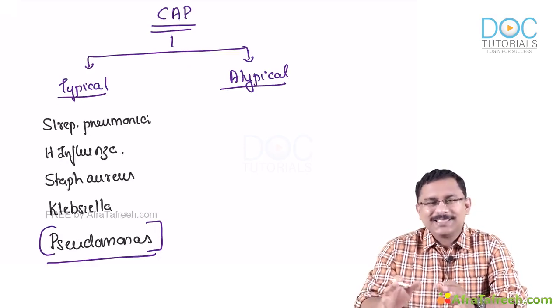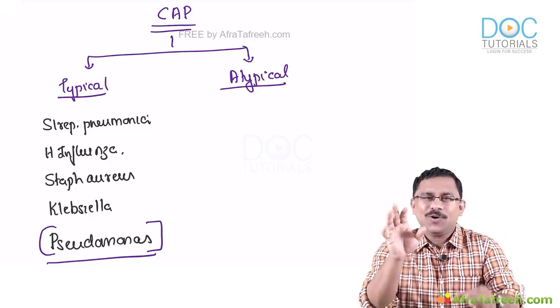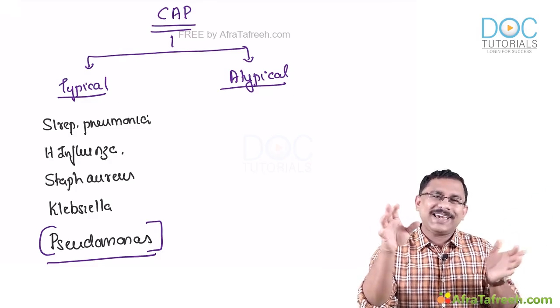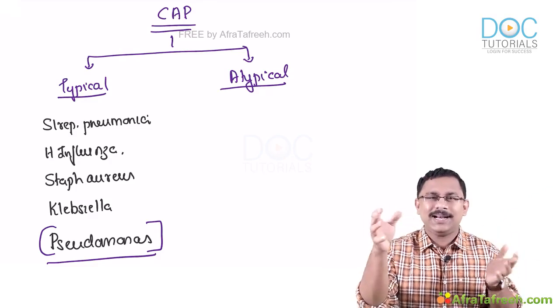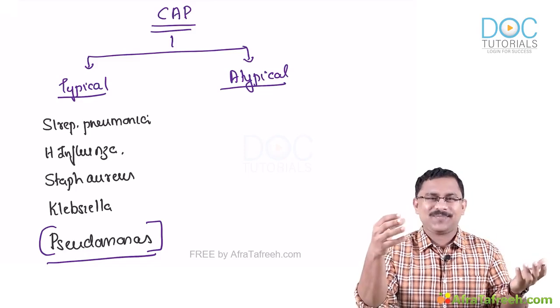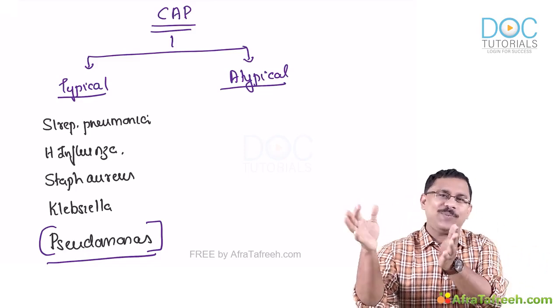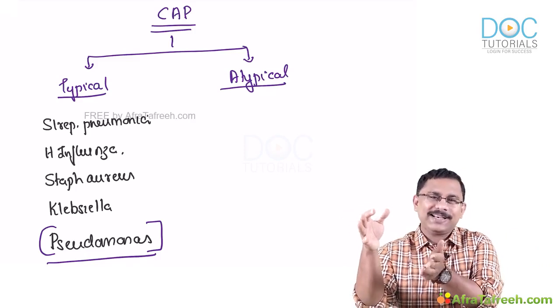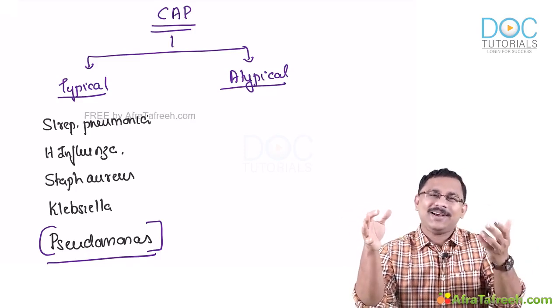Now coming to atypical pneumonia, as the term indicates, it should have some atypical features. When you want to divide it into typical versus atypical, the organisms which cannot be routinely cultured in a culture media, or which cannot be seen in a Gram stain, are the ones which you would group as the atypical group. Of course, they have some atypical features as well, but that is there with any organism.